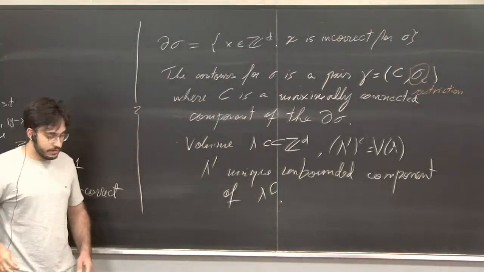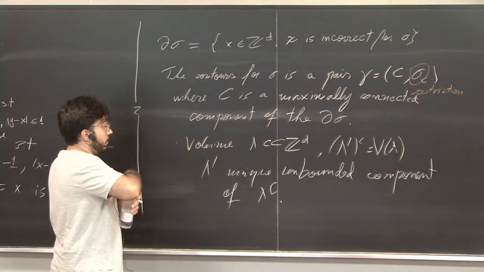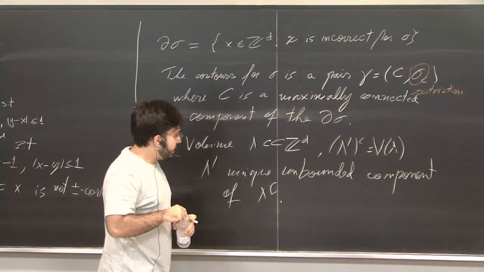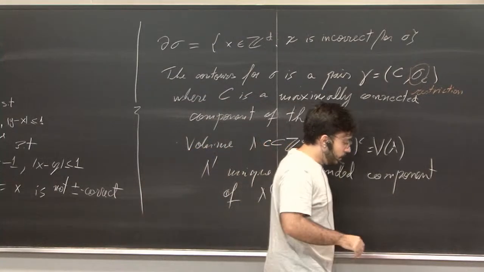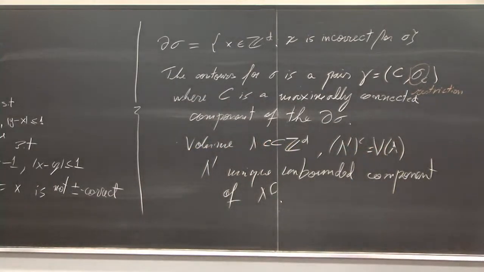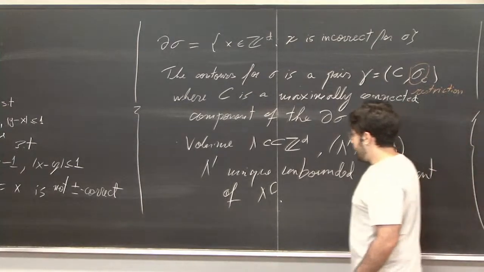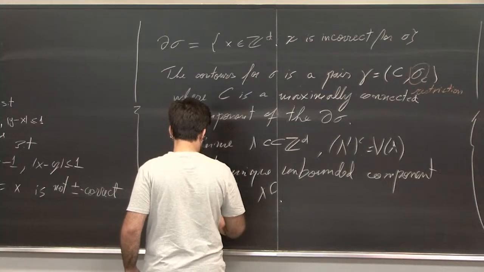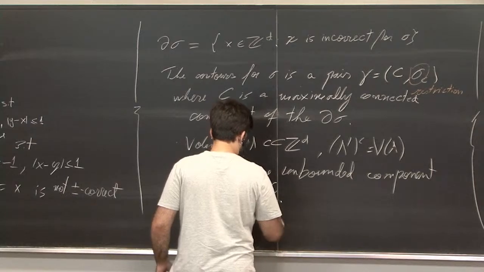So what this definition does is that lambda can have holes, and when it has holes, this definition just gives you something that doesn't have the holes, where the holes are filled. And we also defined the interior. Similarly, the interior is just the volume minus lambda.